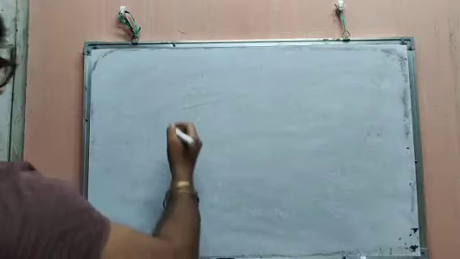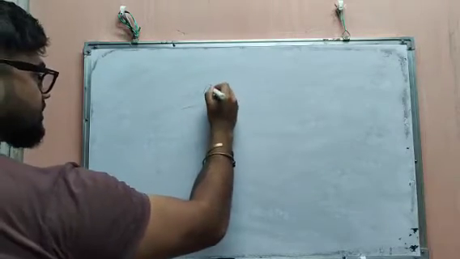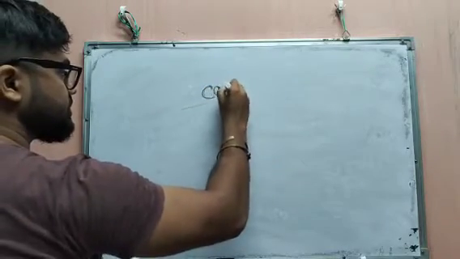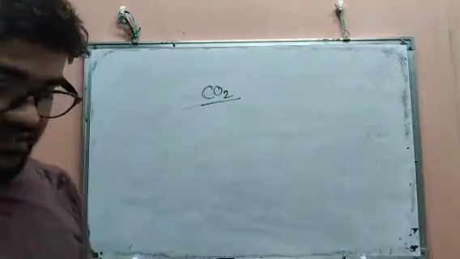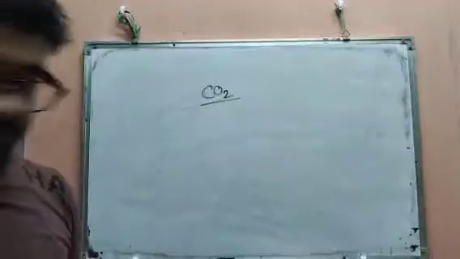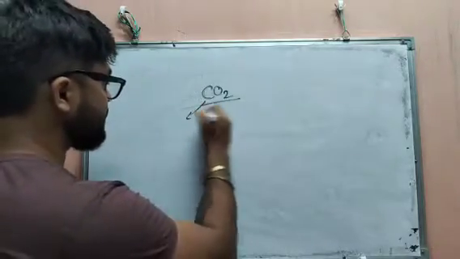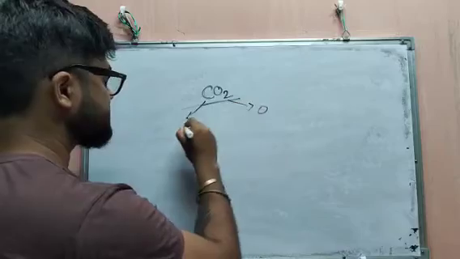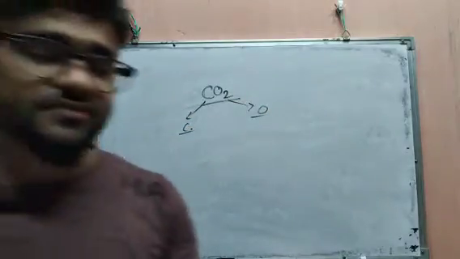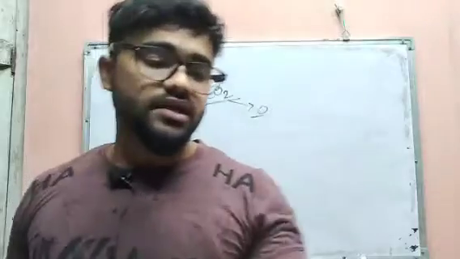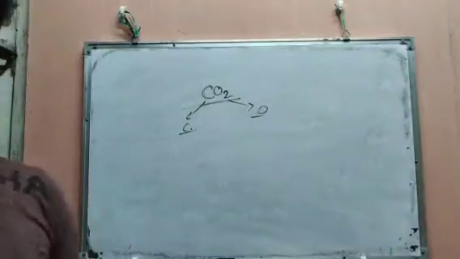Suppose we take carbon monoxide. First we have to see how many atoms are there. One is carbon and one is oxygen. If we are asked to find the molecular mass, what can you do?